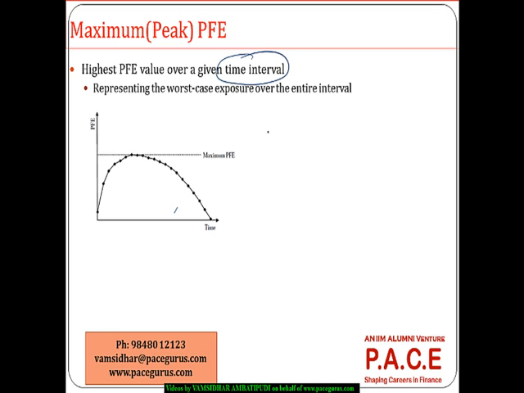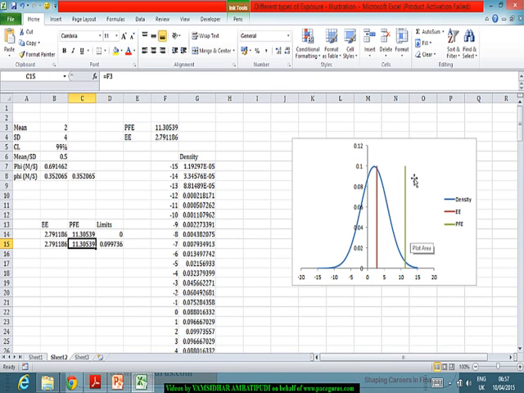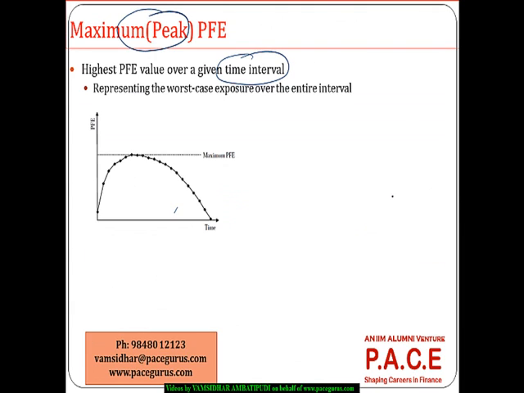Now, what we are talking of is the maximum PFE. So, we are doing it at different time points. Okay, let's say this is the PFE after 1 month. I'll find it after 2 months, after 3 months, after 10 months, after 20 months, after 5 years. So, across different time points, I'm plotting the PFE and just looking at what is that maximum PFE.